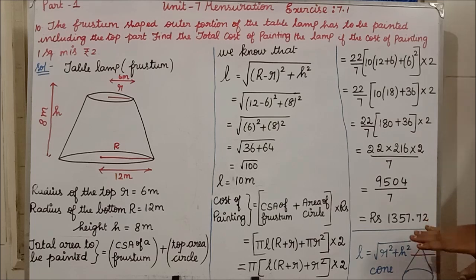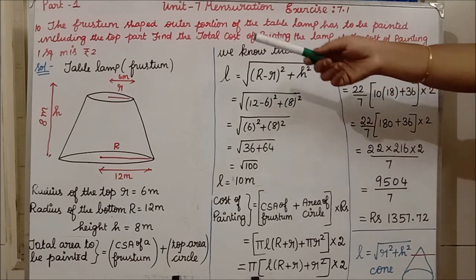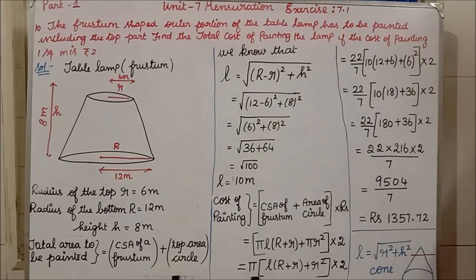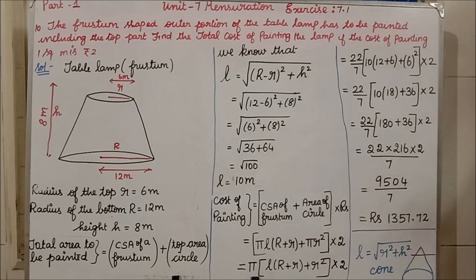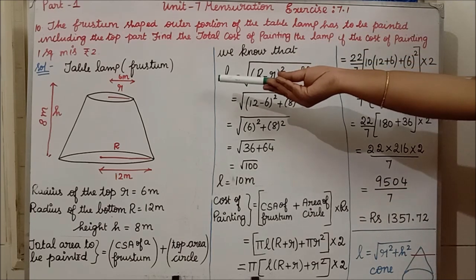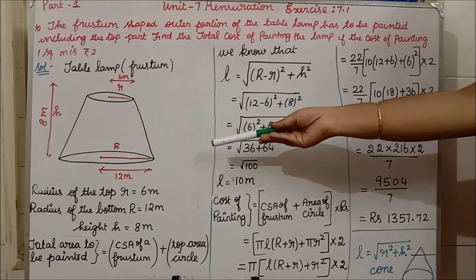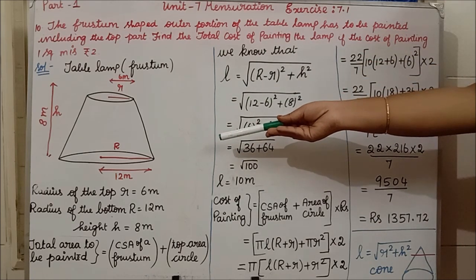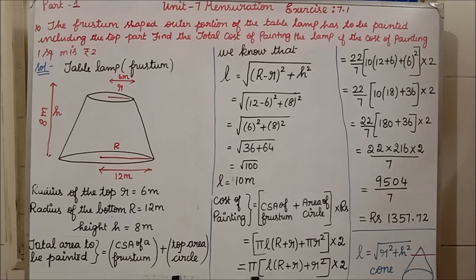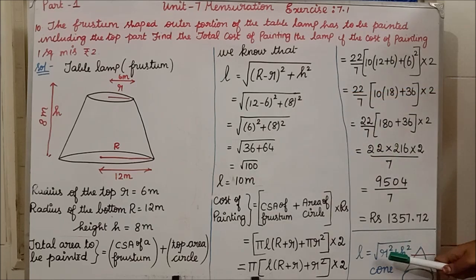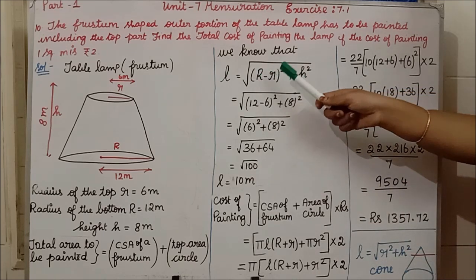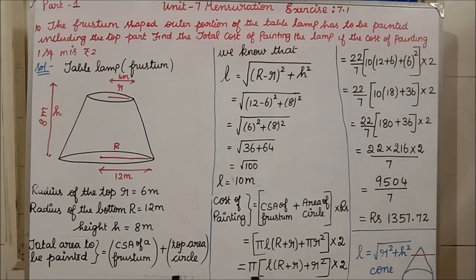But in the frustum, if you find the slant height, see, you will be having two radii, okay? The upper portion has one radius and the lower portion you will be having another radius. So the upper portion radius you have to take as small r, the lower portion radius you have to take as capital R. Since you are having two radii for the frustum, the same formula we are going to apply here also, but instead of R, we are writing capital R minus small r the whole square.